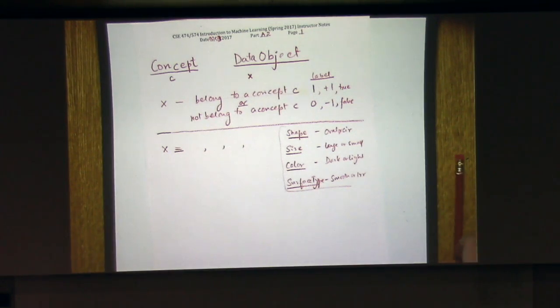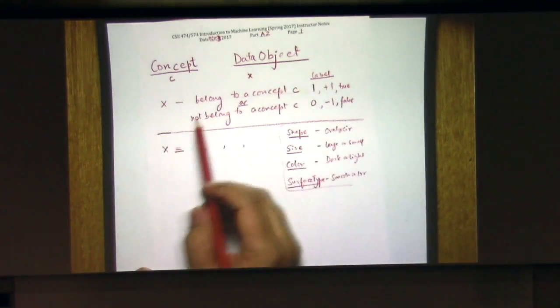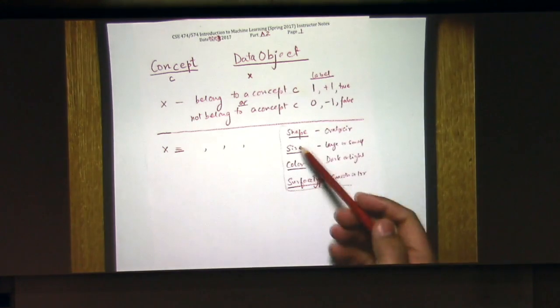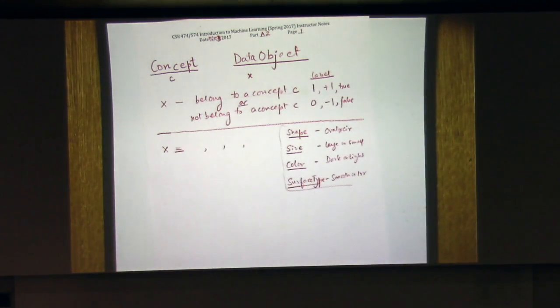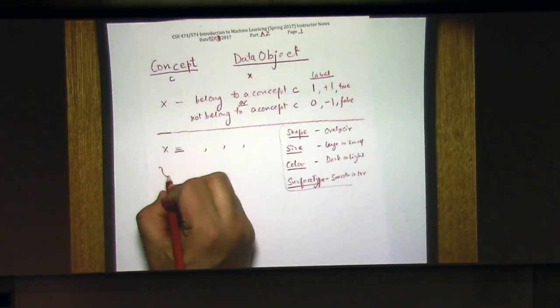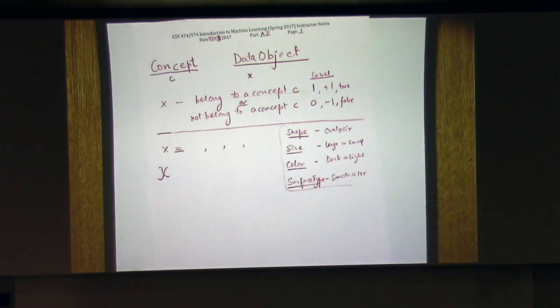Which means that now I can have different types of objects which take different values. If I put them all together, I call that a data set. I'll represent that set by a calligraphic X, and X contains all the possible objects that can be described using these 4 features.